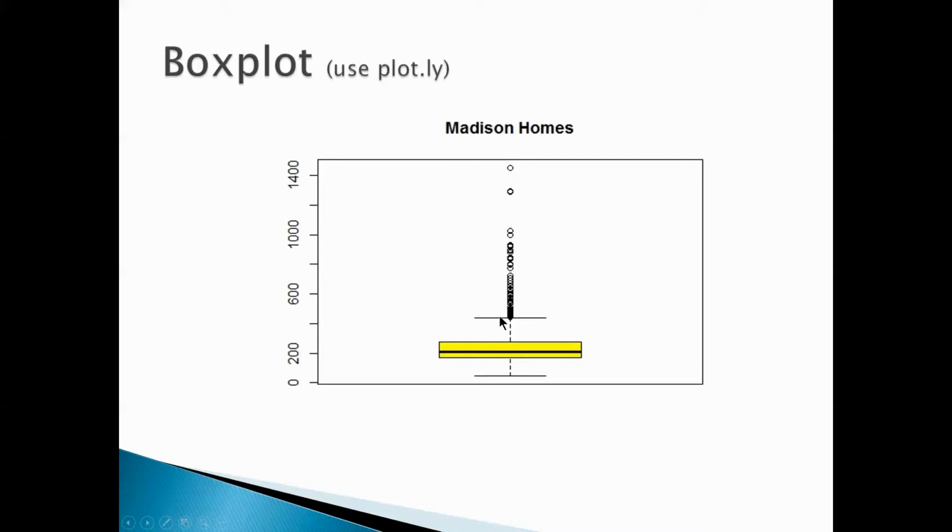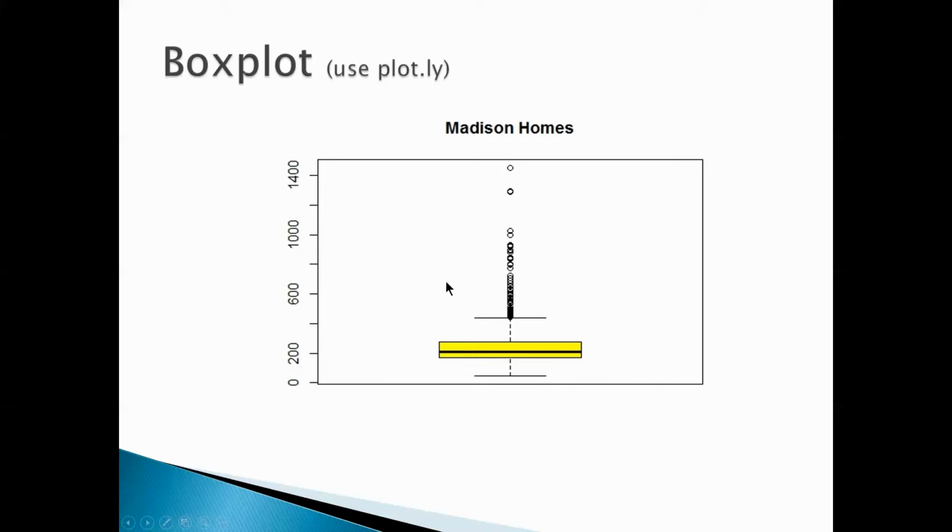And don't stress too much over what I just said or what that means. Basically, you can think of this line as being at the most expensive house except for a small number of outliers. And this one really is at the cheapest house because there's no outliers underneath it.